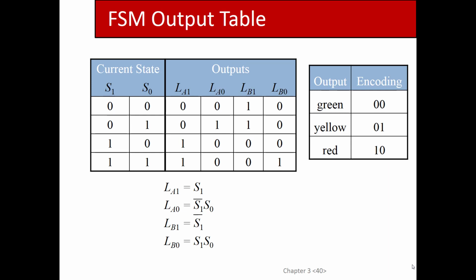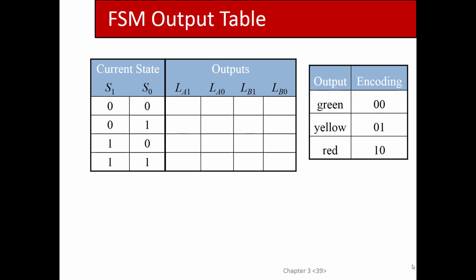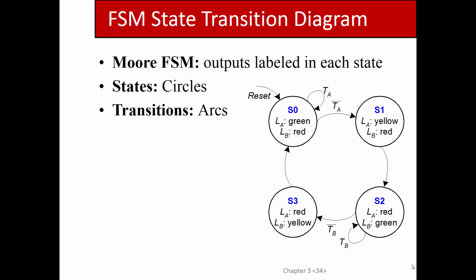I can tell just from this that this is a Moore machine. Why? Because the outputs are inside the state bubbles, meaning that these outputs only depend on what state you're in. They're not affected by the inputs. If this were a Mealy machine, you would actually put the outputs on the transitions and not in the states. Okay?